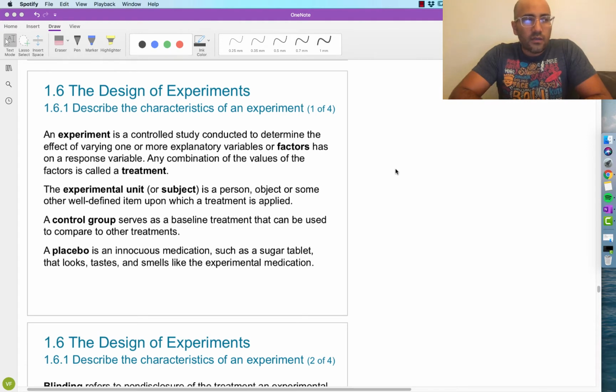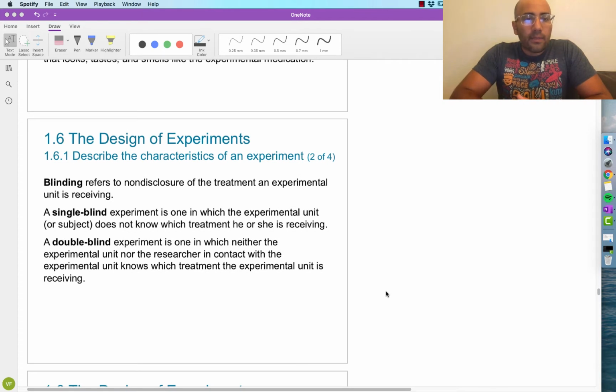It's just something that prevents the person receiving the treatment from knowing whether or not they're receiving the actual treatment or if they are themselves acting as a control, if they're part of the control group or part of the group of people that are receiving the treatment.